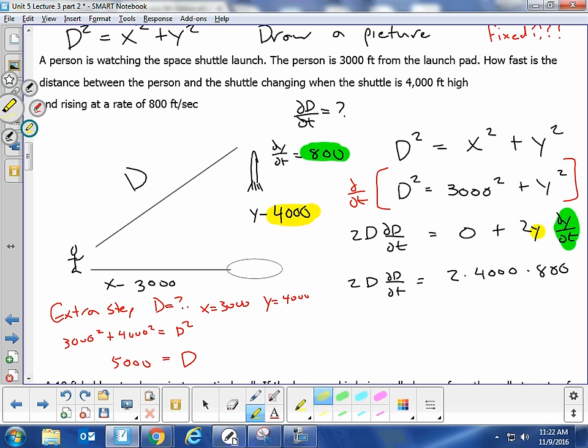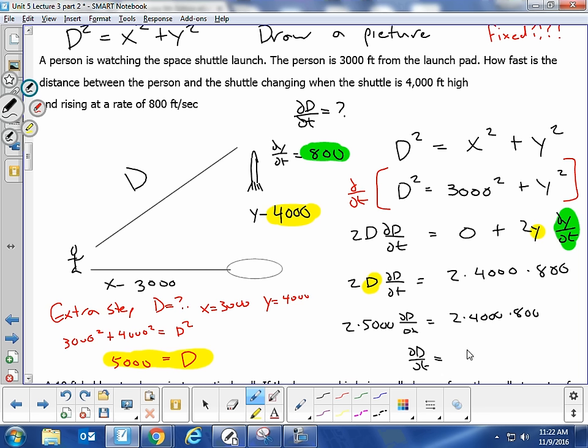So now that I got that D is 5,000, I can plug that in there, and then boom, I have everything that I need to find dD/dt. The answer is 640 feet per second, since it's units to the first power.